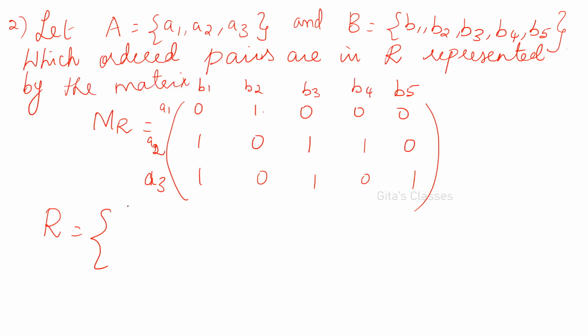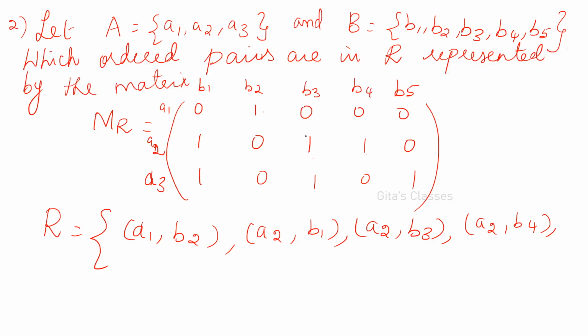Now this one, (a1, b2), is there. In the first row we don't have any other 1. Now for this one, (a2, b1), and for the next one, (a2, b3). If you have 1 they are related; if you have 0 they are not related. Now for this one, (a2, b4).